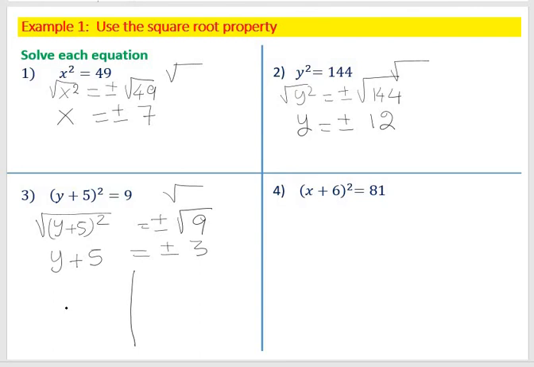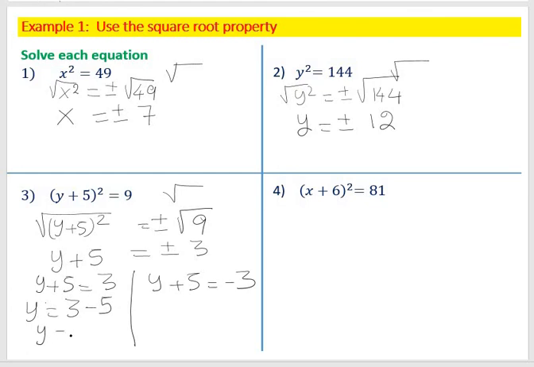Now, we have two equations. We have y plus 5 equals 3 or y plus 5 equals negative 3. Now, if I move the positive 5 to the other side of the equal sign, it will move to negative 5. y equals 3 minus 5.